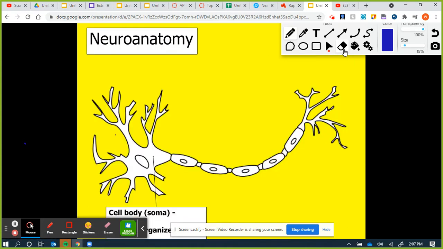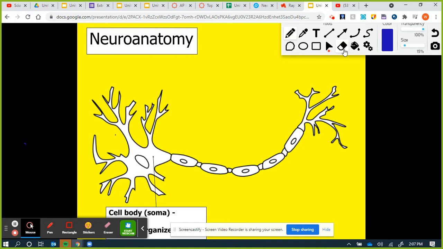So hopefully we remember this a little bit. They like asking about the structure of neurons on the multiple choice, so we've got to know which part is which. One little hint, and this is not 100%, but almost always on the AP exam, if they give you a diagram of a neuron, chances are it is going to be set up from left to right.